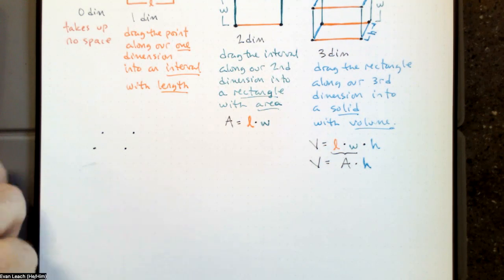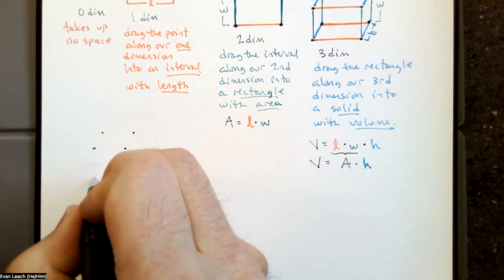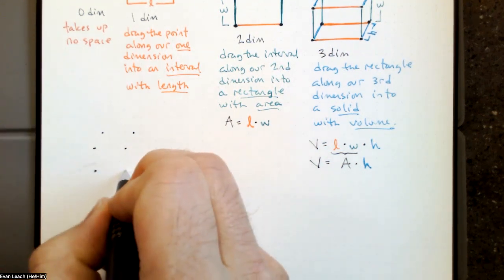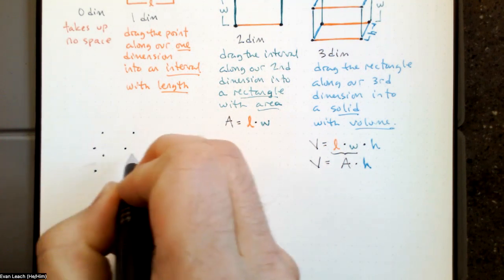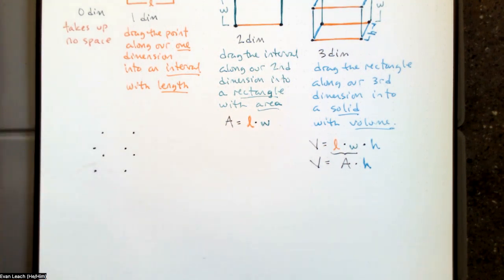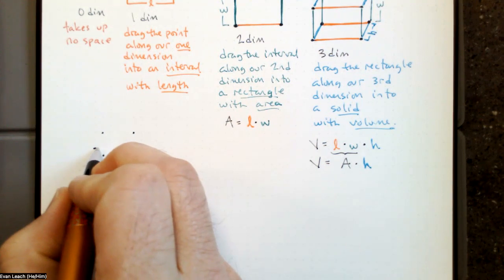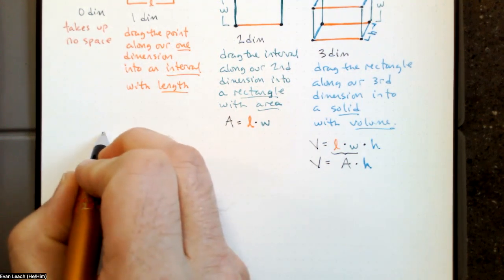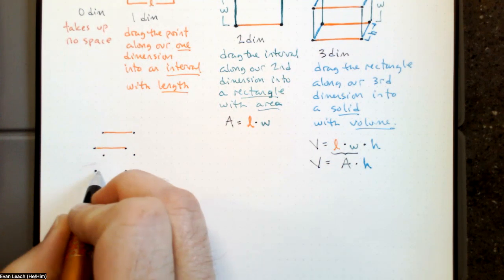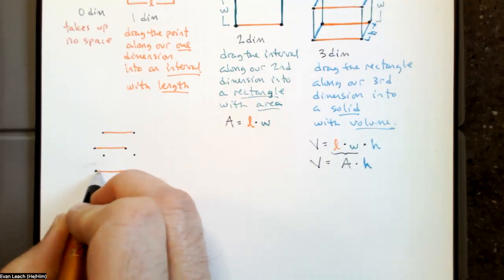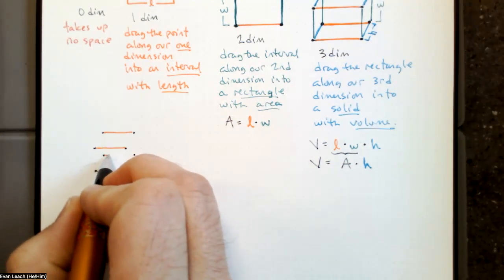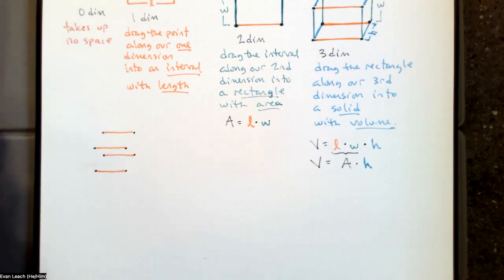I will get lost. I'm not sure where I'm going to put them. Keep track of where everything was. Our left to right, that's our original length. Here's where it got dragged in our second dimension move. And then here are the two that got dragged into our third dimensional move.